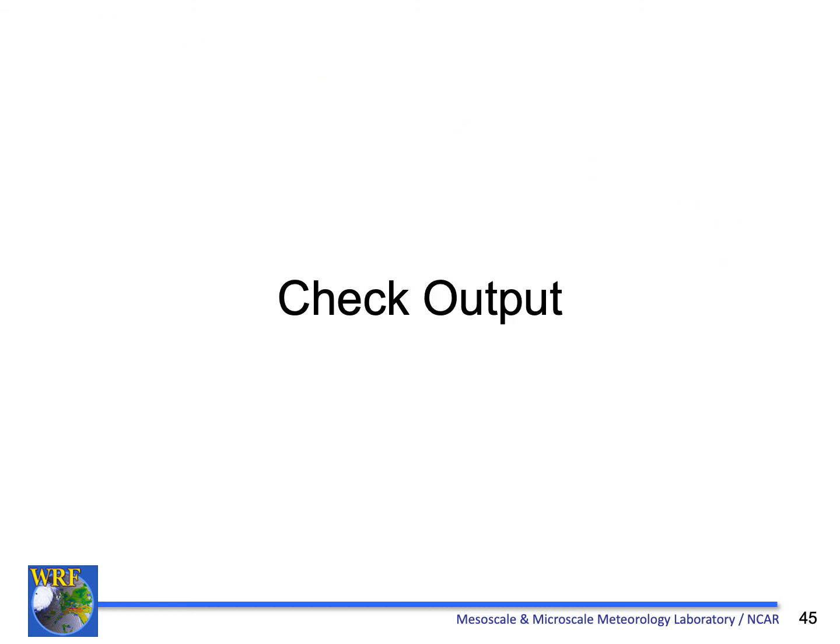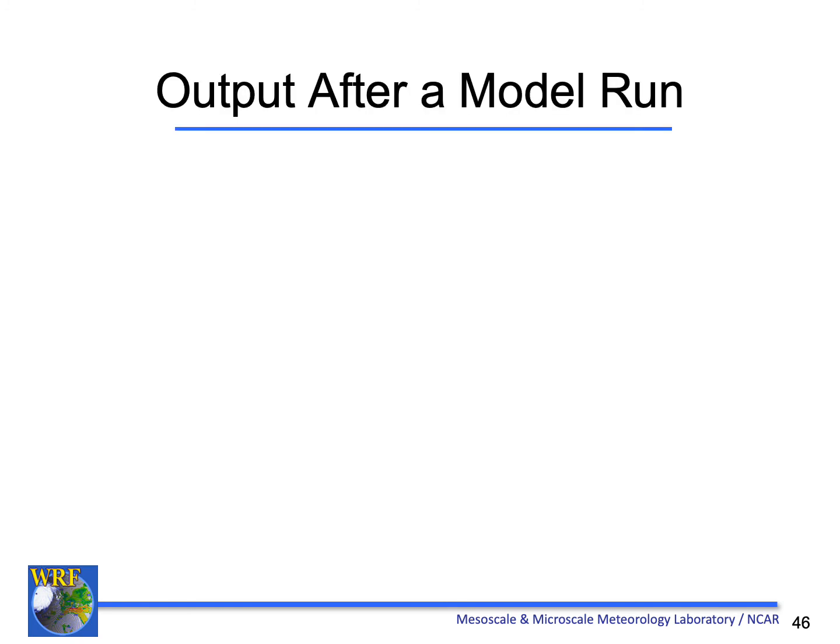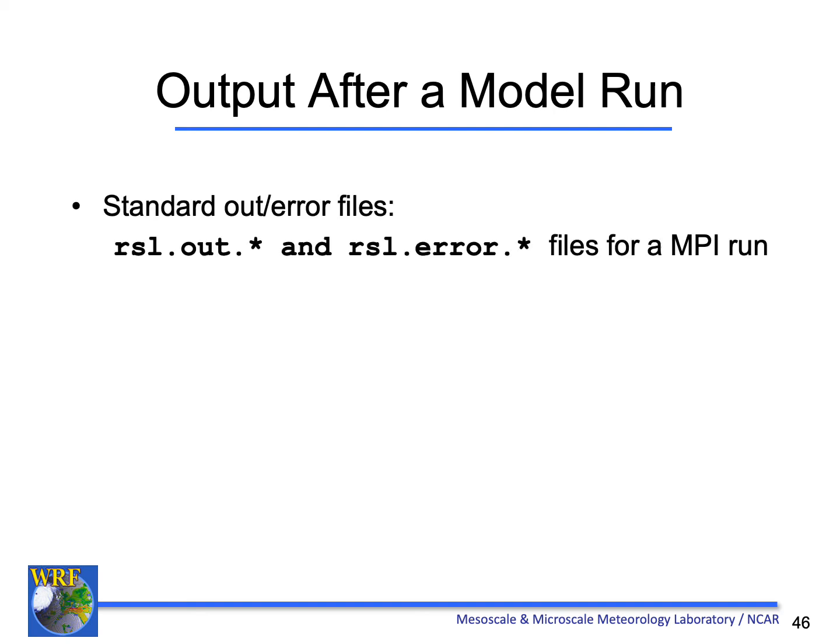Next, we're going to talk about what to look for once we've finished running a model job. After a model run, the run directory will have many new files. First, we should have some RSL files.